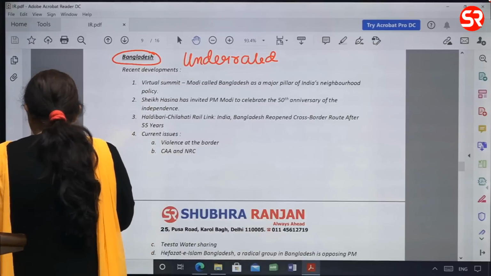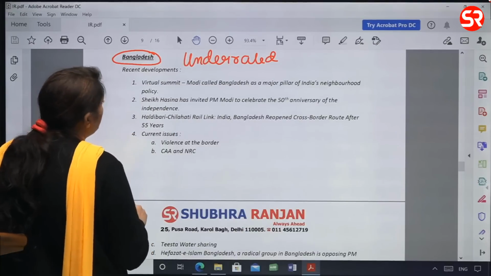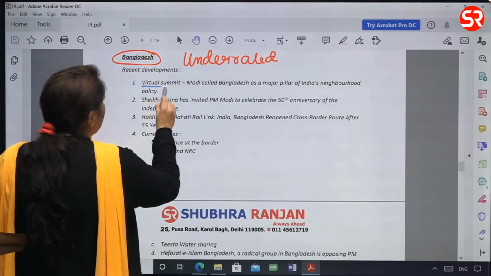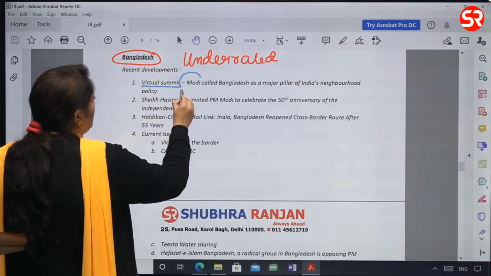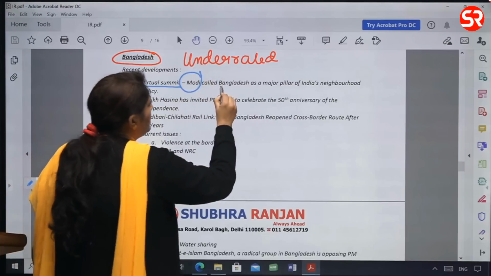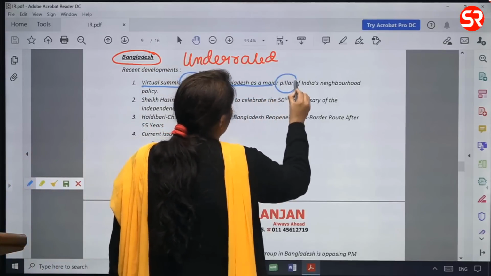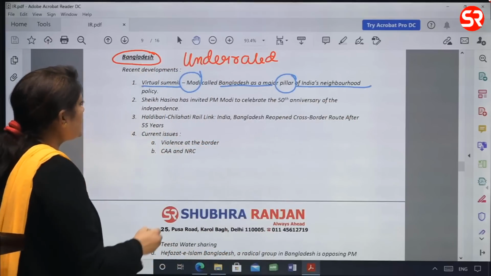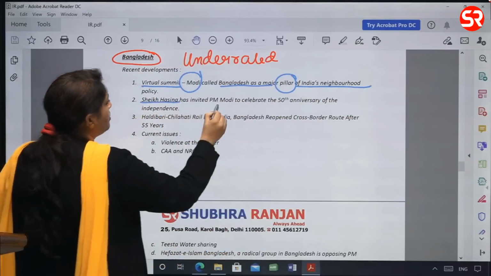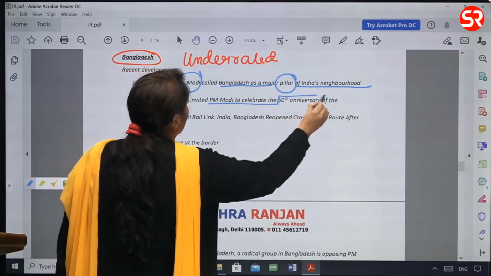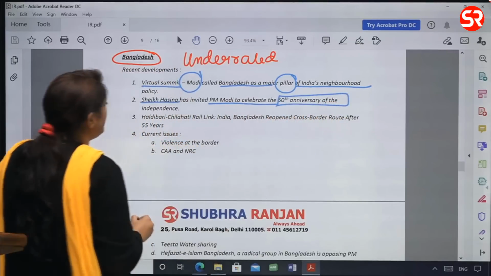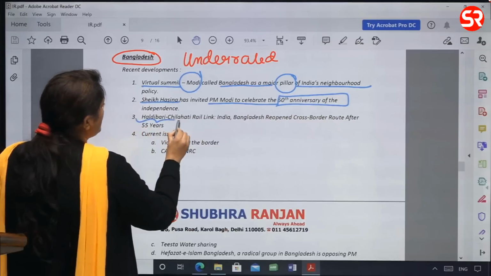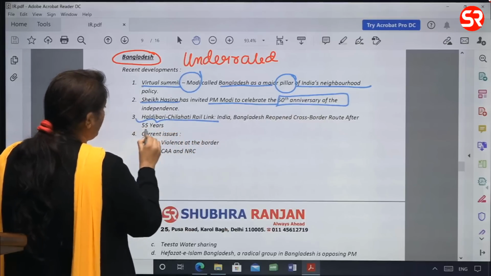So for your convenience, we have just summed it up. A virtual summit took place where Prime Minister Modi held that Bangladesh is a major pillar of India's neighborhood. Sheikh Hasina has invited Modi to celebrate the 50th anniversary. The Haldibari-Chilahati rail link has been revived.